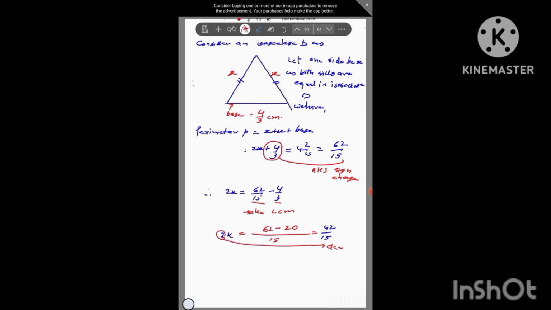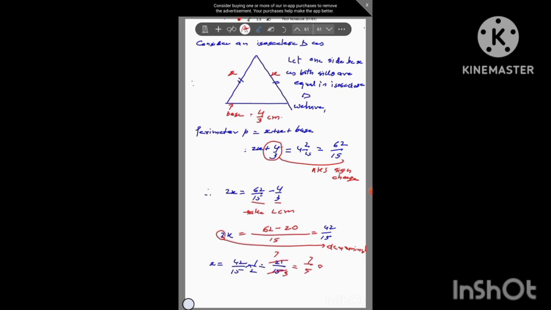So x equal to, this will go to the denominator side, and you get the final answer, x is equal to 42 upon 30, that is 21 upon 15. Divided by 3, you get 7 upon 5. So that is your final answer, 7 upon 5.